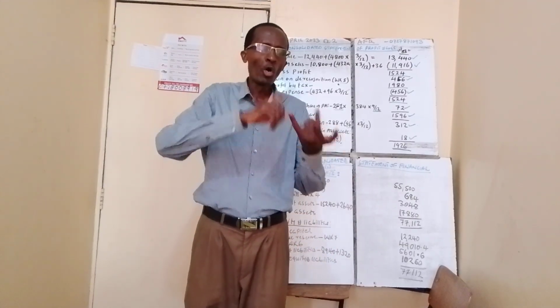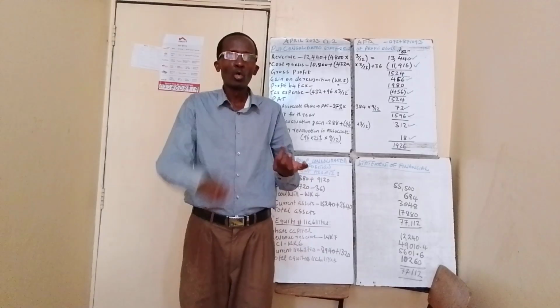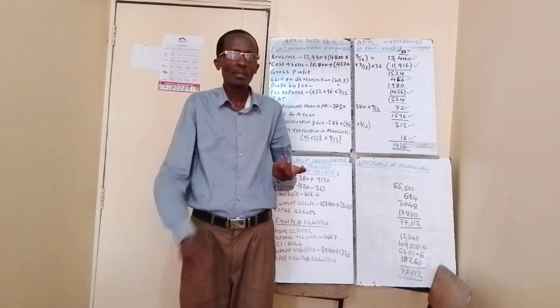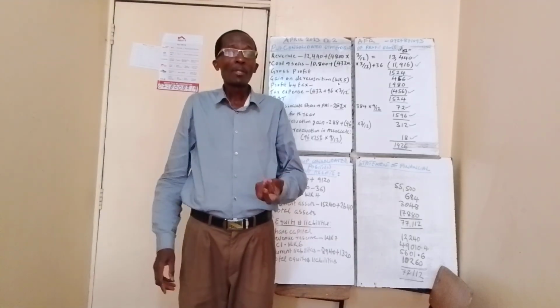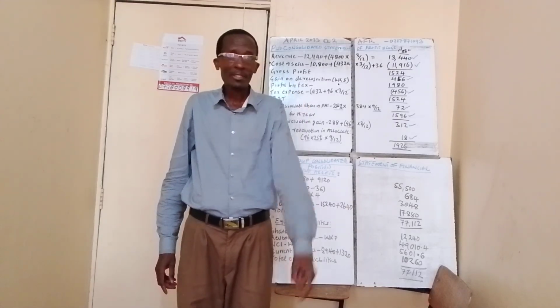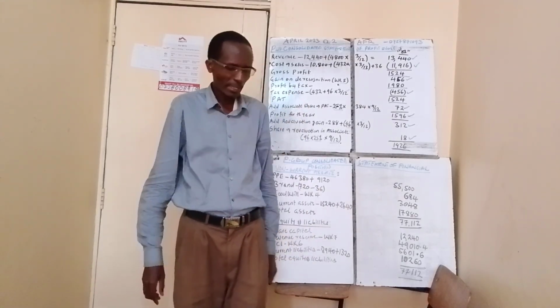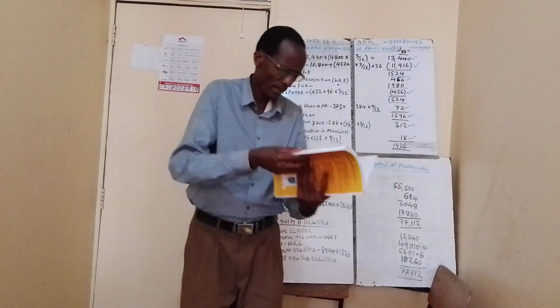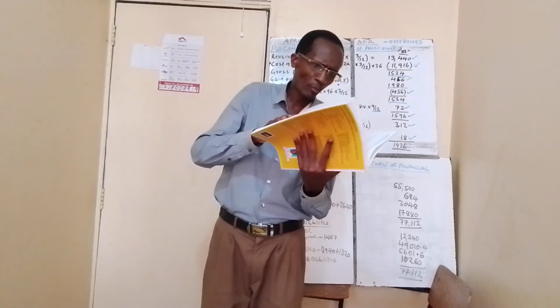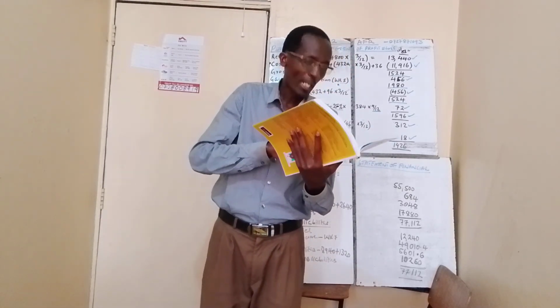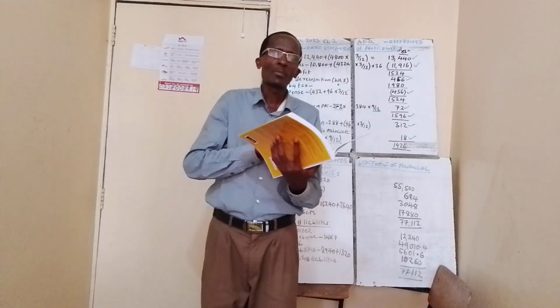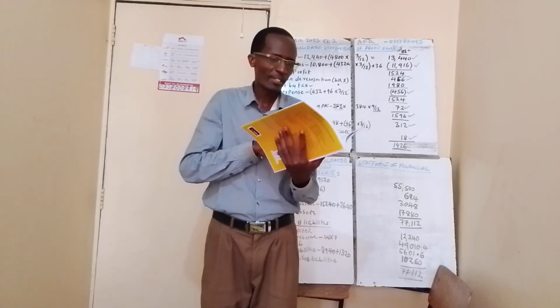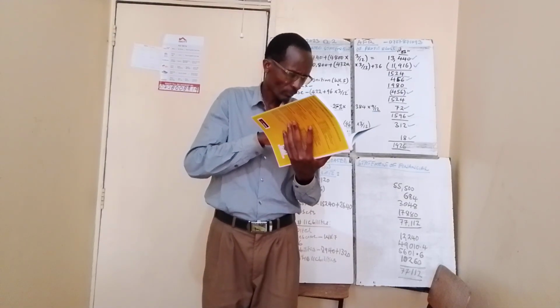Know how to tax individuals, know how to tax business, companies and partnerships, then value added tax, and then capital deductions. I think those are the areas which involve computations. That is for ATD, CPA intermediate, and CIFA intermediate.